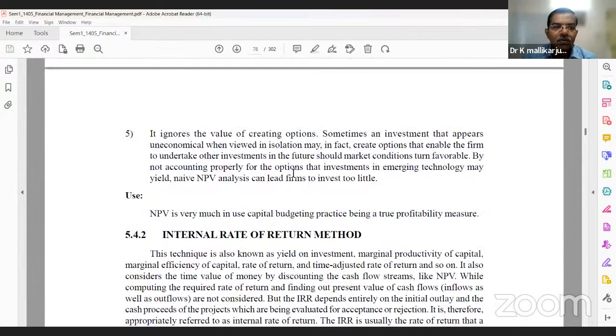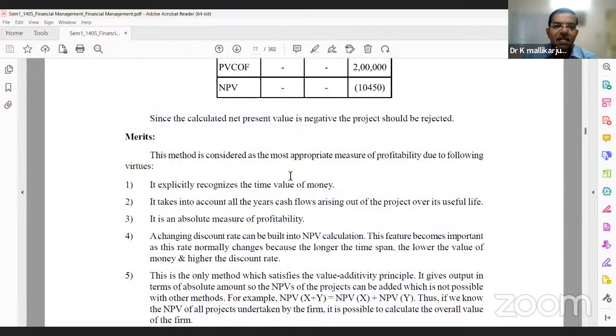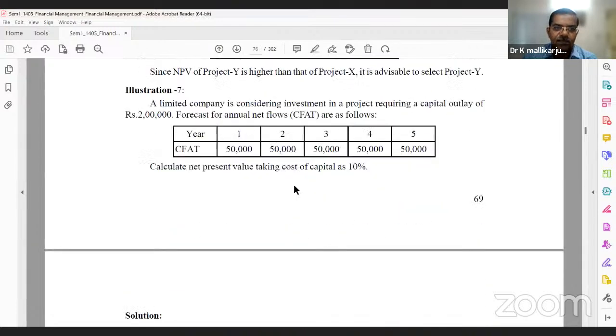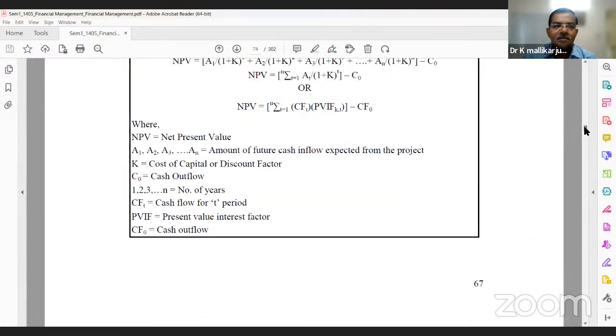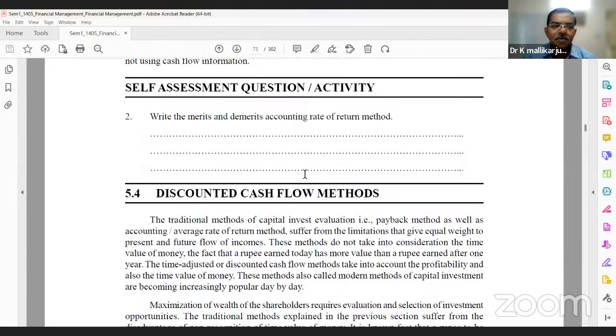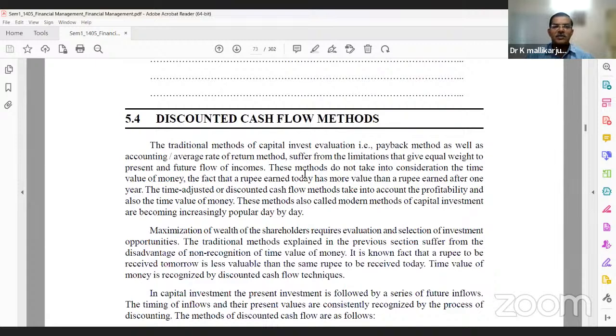Now we directly move to the NPV, net present value method. Here, cash flows are discounted. For example, as we discussed earlier, suppose a company has an initial investment of about 10 lakhs.